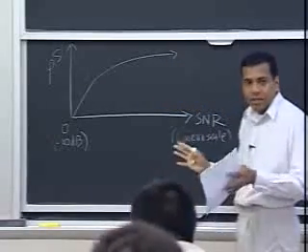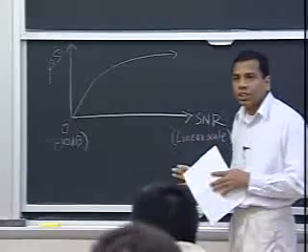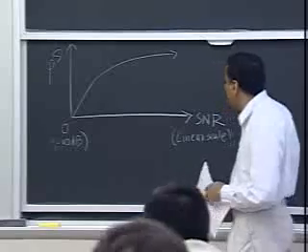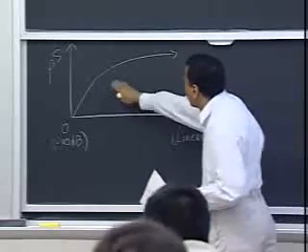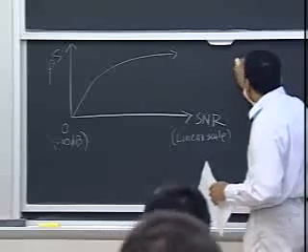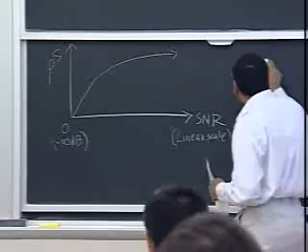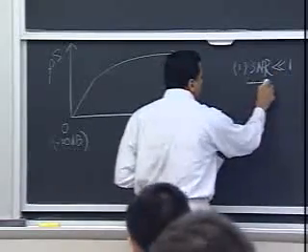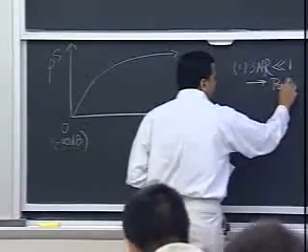And this immediately suggests that there are two different operating regimes. One regime where the spectral efficiency increases linearly with SNR, another regime where the spectral efficiency increases logarithmically with SNR. So if SNR is very small, then we call this the power limited regime.